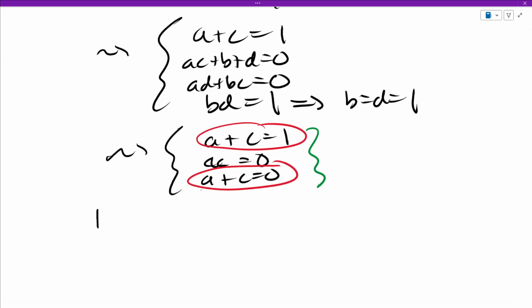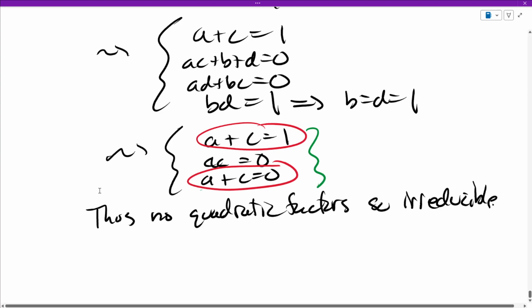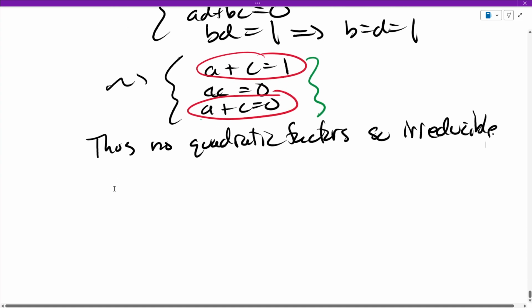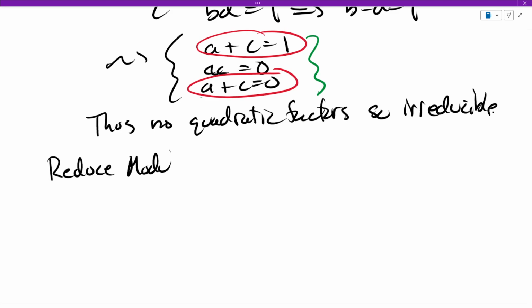So we can deduce no quadratic factors in F2, and so it's irreducible because we've ruled out both of them. All right, so that didn't work out how I was intending, but nevertheless, that's another proof of the same fact. Let's try the same problem, but let's do it modulo 3 now.